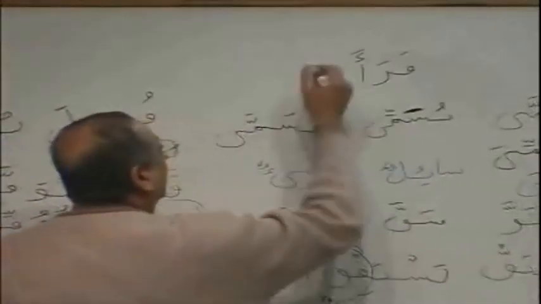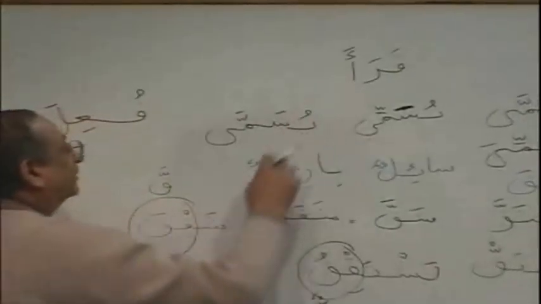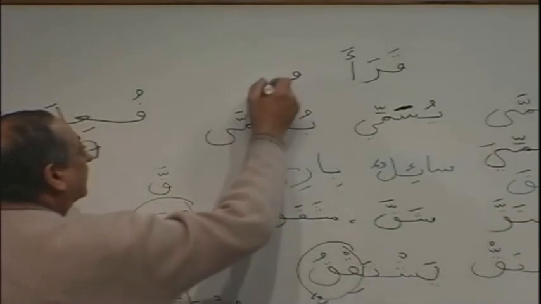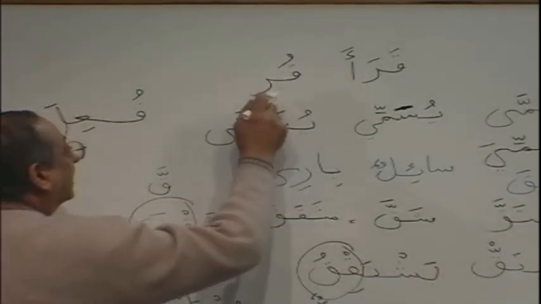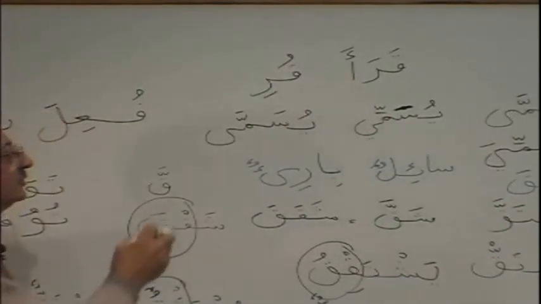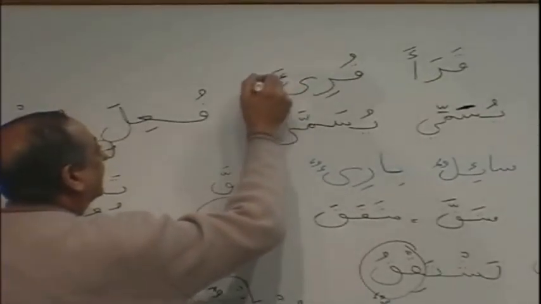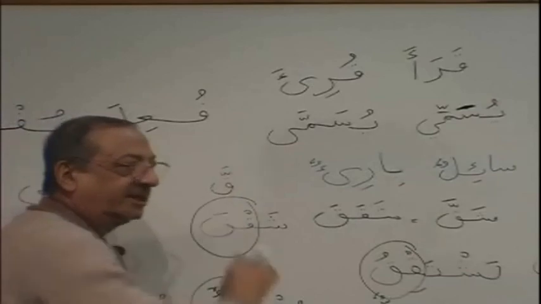Ka-ra-a. So here, Hamza got a chair of alif. Now, it will become ku-ri. Now there is a kasra, so Hamza will get a chair of ya, but no dots. Don't put dots here, brothers and sisters. Kuriya.